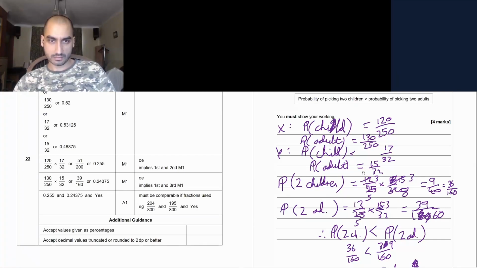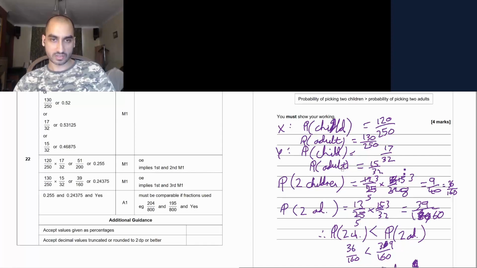What did... Oh. Why did I multiply by 15 instead of 17? So there should have been a 17. So I didn't get Mark 2. That also means I didn't get the accuracy, but I did get Mark 3 because I got 39 over 160.